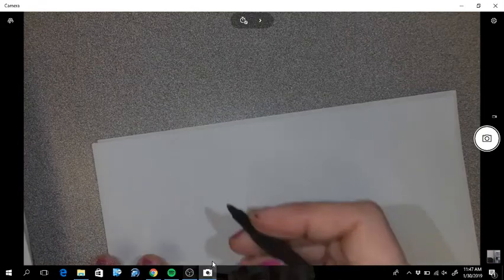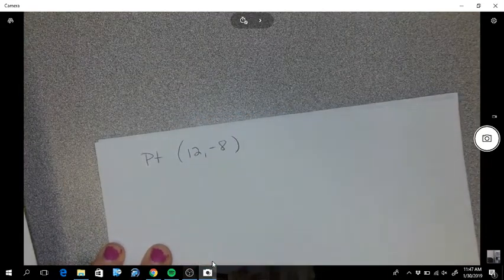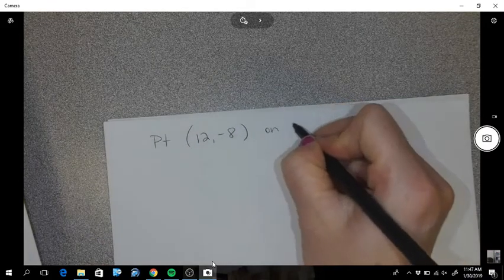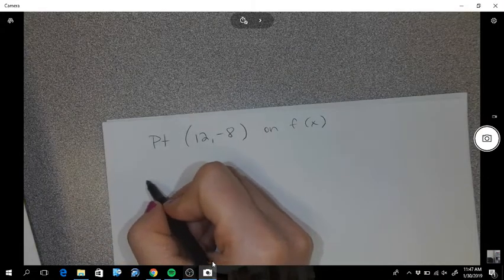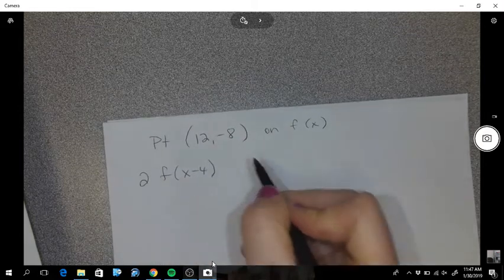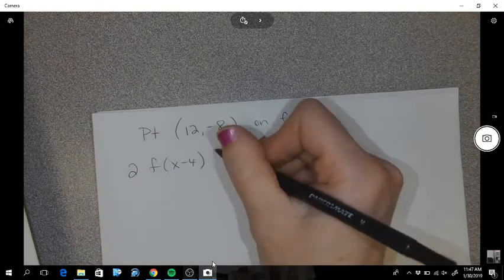Okay, let's do some transformations on points. Okay, so we have that point on f of x. So now, what would the point be on 2 f of x minus 4?